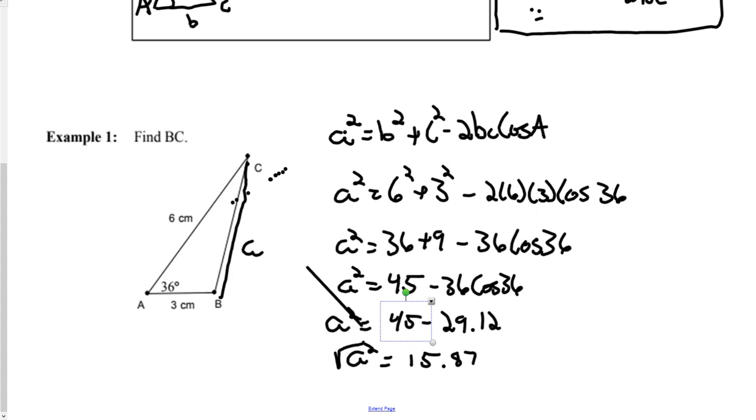So I take the square root of everything, and I get an answer of a equals 3.98, or you could even just put it as 4. Okay? And that's the answer for this one, and that's how you would do that.